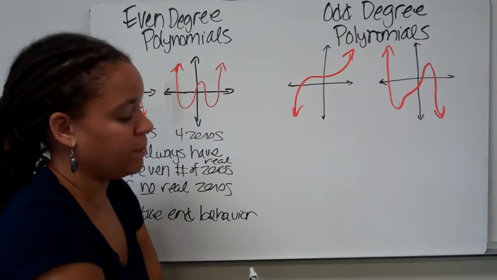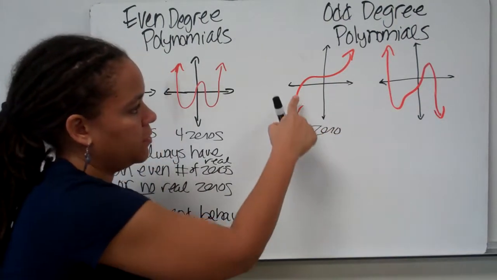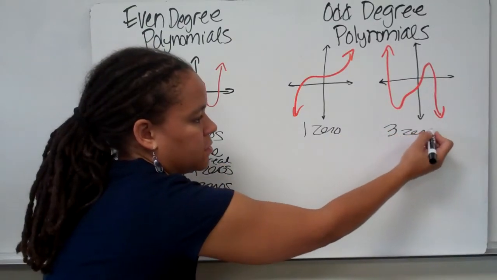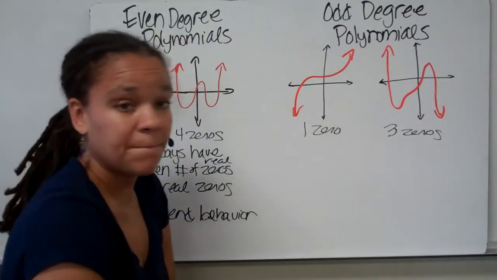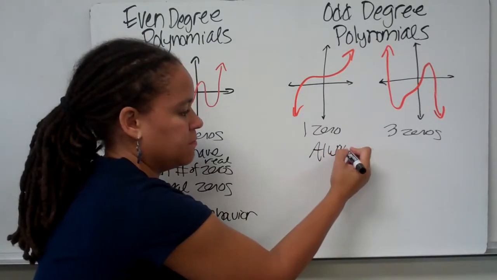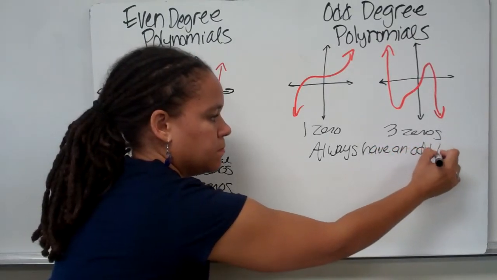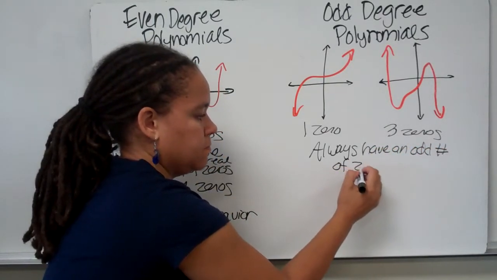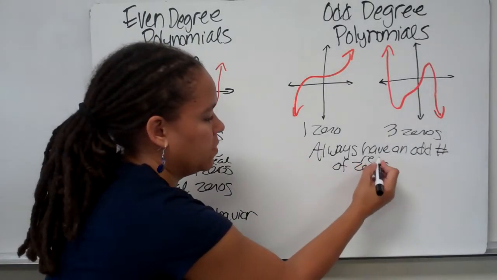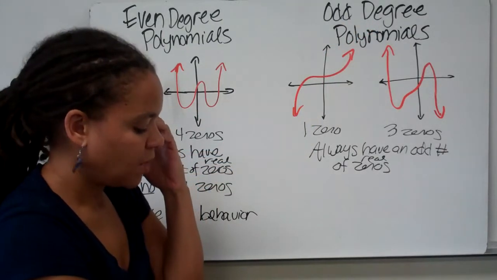Now look at the odd degree polynomials. So here we have 1 zero. Notice it crosses one time. Here we have 3 zeros. And there are other options, but you will always have an odd number of real zeros when you're dealing with an odd degree polynomial.